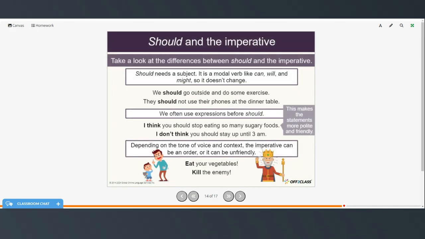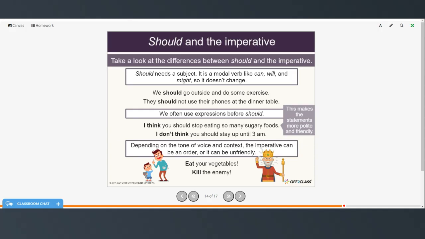All right, now we're going to take a look at should and the imperative, the differences between the two. Should needs a subject. It is a modal verb like can, will, and might, so it doesn't change. We should go outside and do some exercise. They should not use their phones at the dinner table. And we often use expressions before should. I think you should stop eating so many sugary foods.